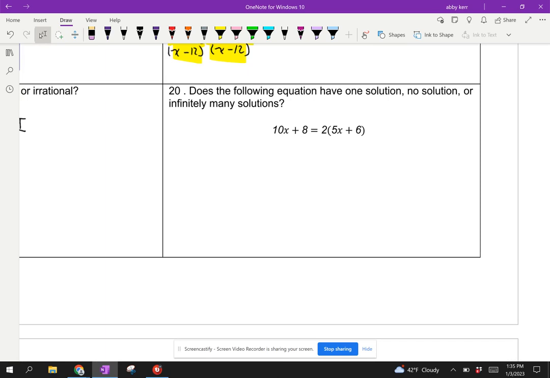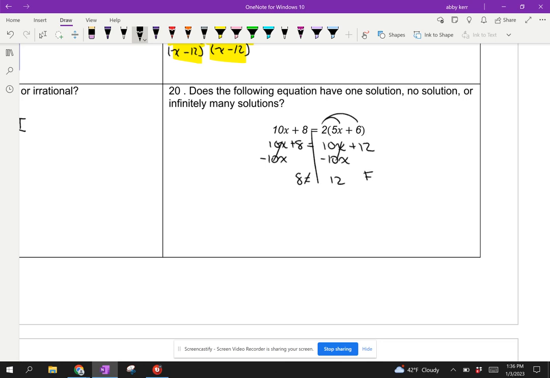For number 20, it says, does the following have one solution, no solution, or infinitely many solutions? So if I distribute, I now have variables on both sides. And if I take away 10x on both sides, we are going to be left with a false statement.